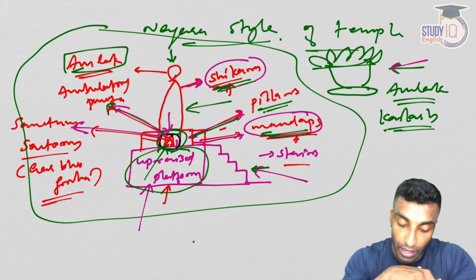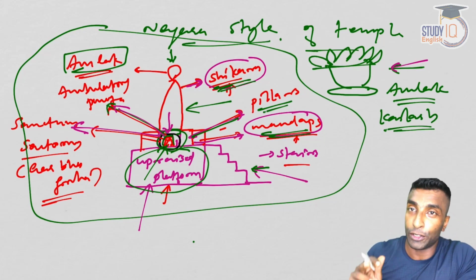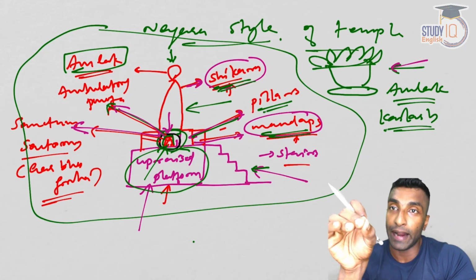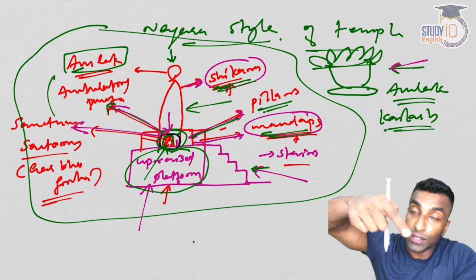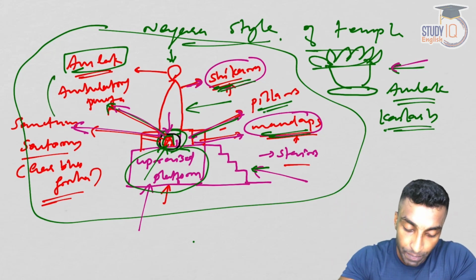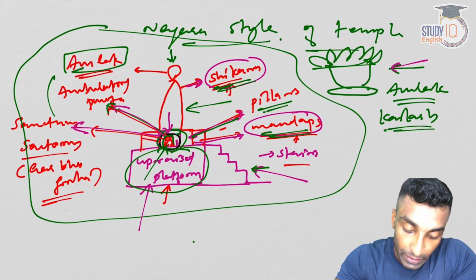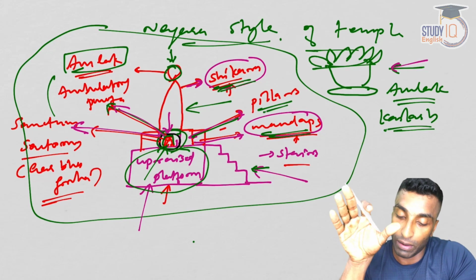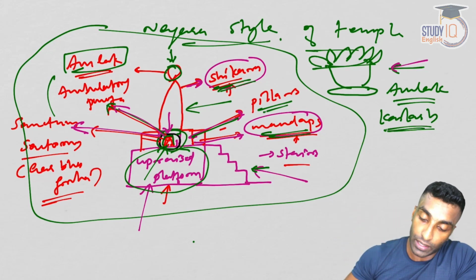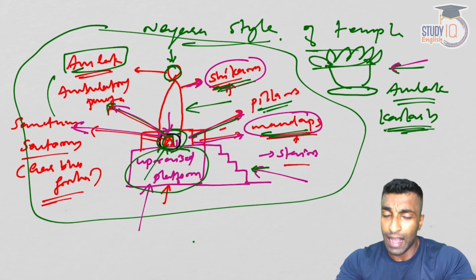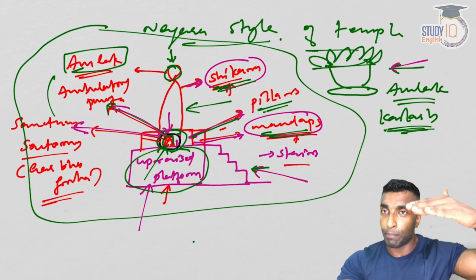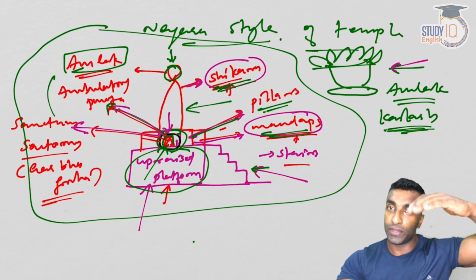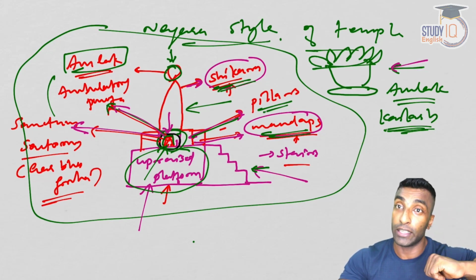And as I've told you, around the deity, the sanctum sanctorum, Garbhagriha, you will be finding the ambulatory passage. So you can see that circular passage is there. And then you will be seeing this as the amalaka, where some religious symbol will be kept. So this is what actually you need to know. It's an upraised platform. Since it's an upraised platform, there will be stairs, and on top of that there will be a prayer hall, which is called mandap.